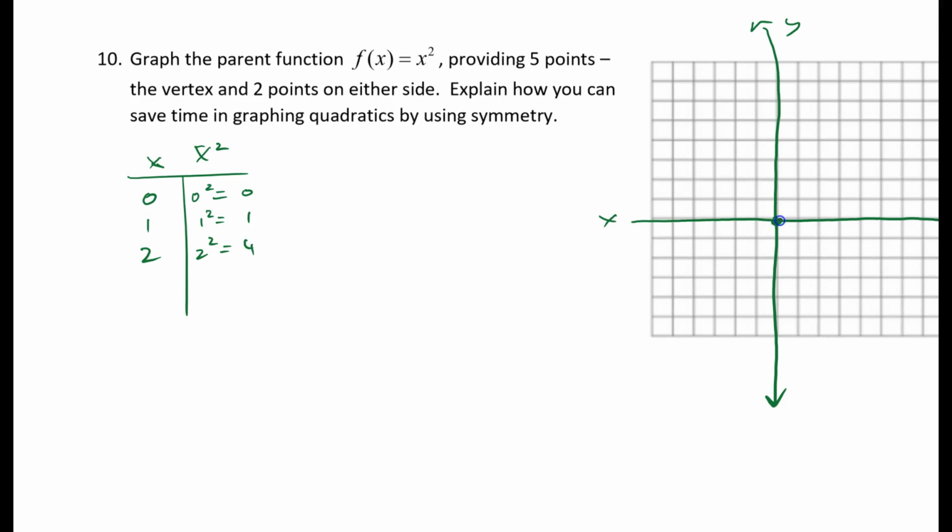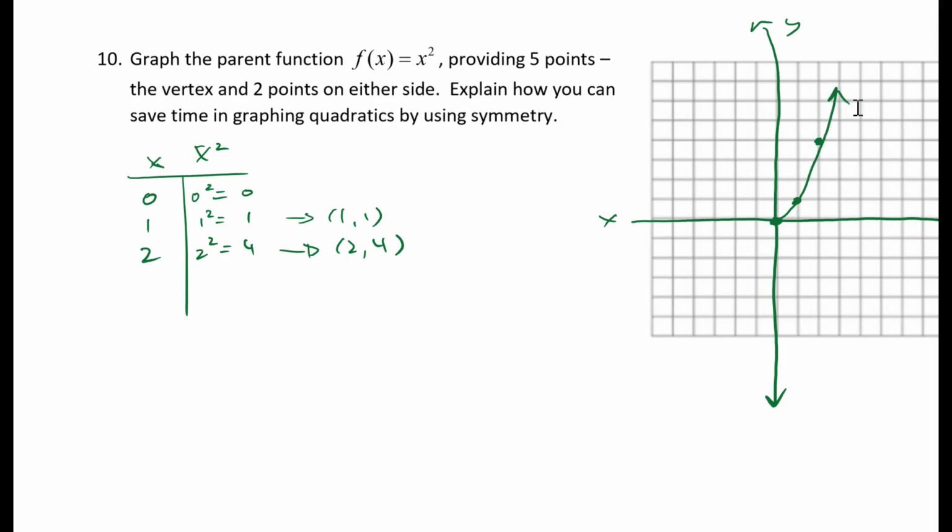So 0, 0. This one is 1, 1. This one is 2, 4. 2 over, 4 up. And that's going to give me the right half of this parabola.